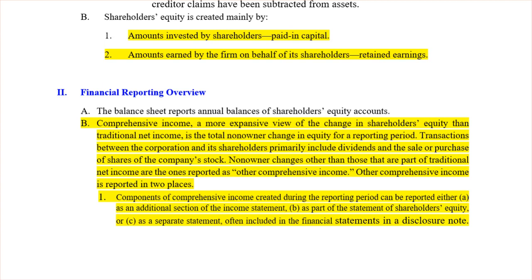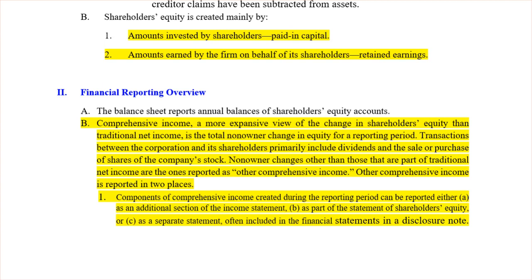How do you handle then these components of comprehensive income? And what they're talking really here about is the OCI, other comprehensive income amounts. What do you do? How do you show that? Because traditionally with an income statement, as you've learned, the bottom of an income statement is net income, which is the earnings of the company. So what do you do with the OCI, or how do you show comprehensive income?